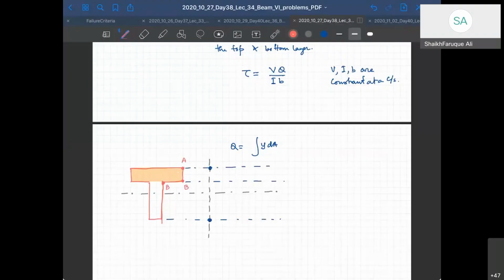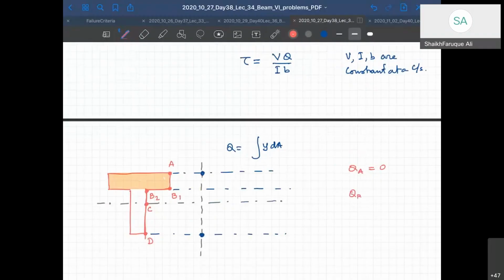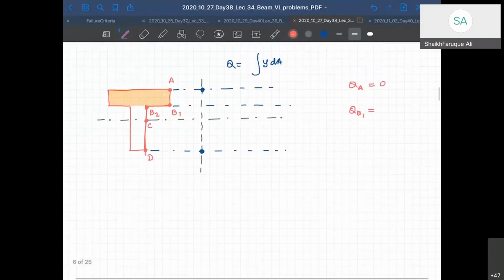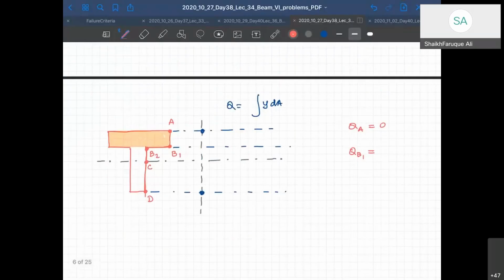This is B1 and this is B2, and this point is C and this point is D. Now at A, QA equals 0. QB, we have to find what is QB1. QB1 would be the area above B1, right? So this is the area and its arm length with respect to the neutral axis, right?